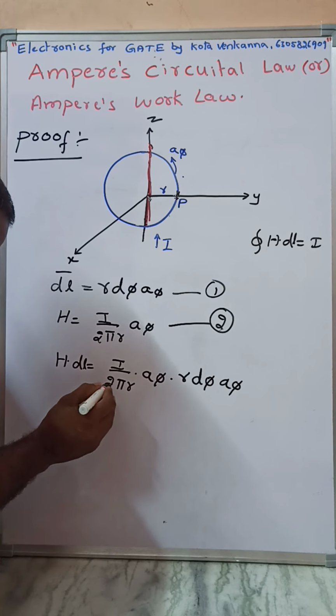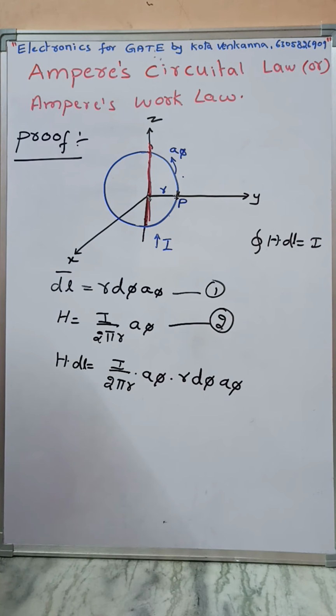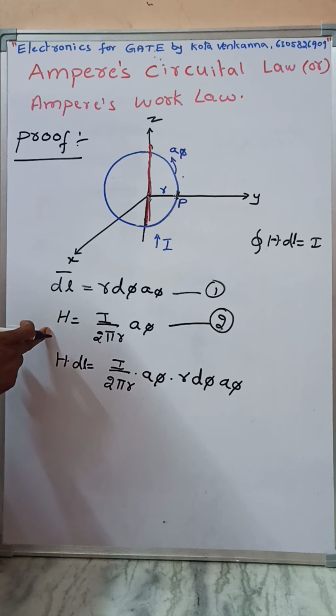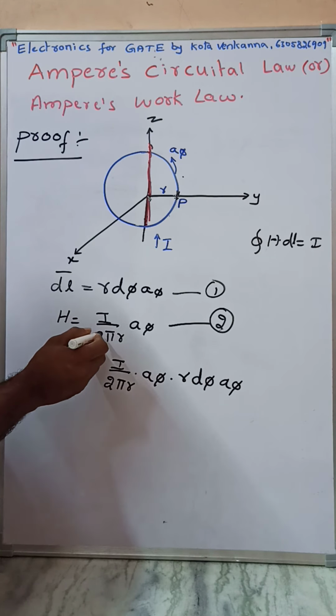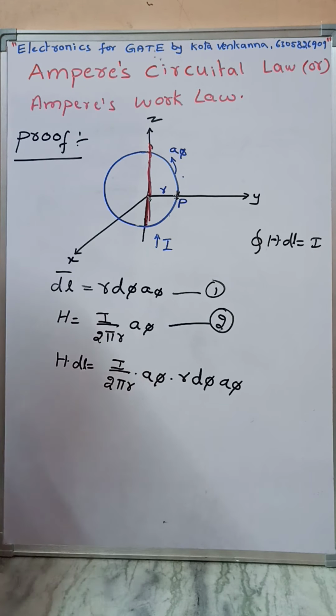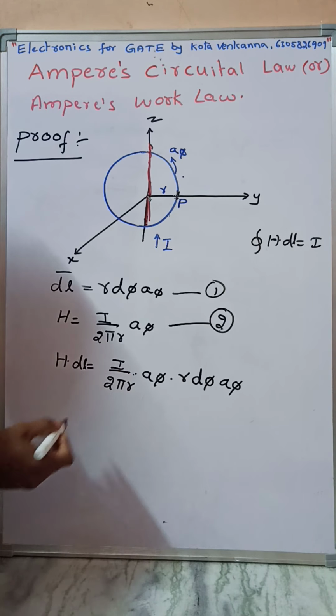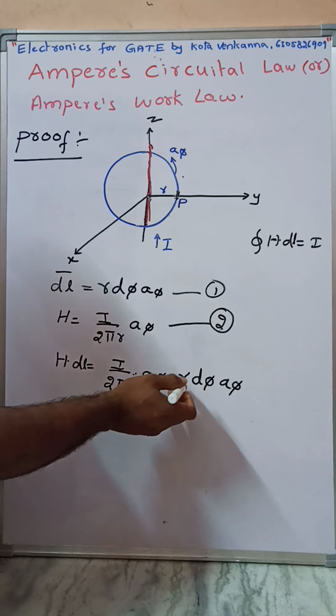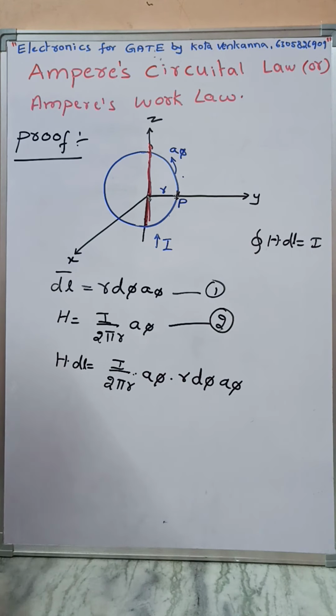So here H is equal to I by 2 pi r, into A pi, and H dot dl is equal to I by 2 pi r into A pi, into r d pi into A pi.